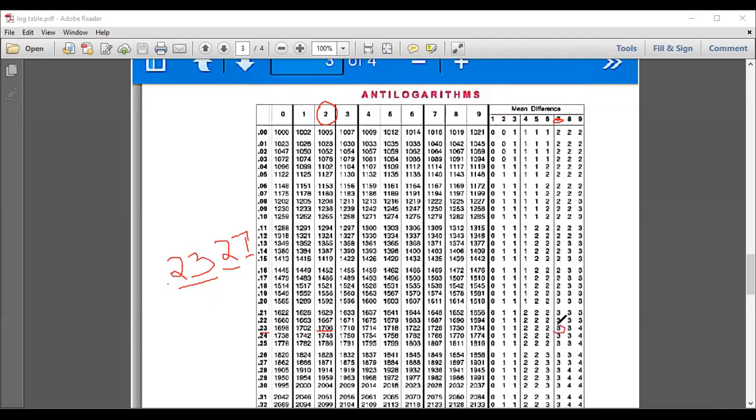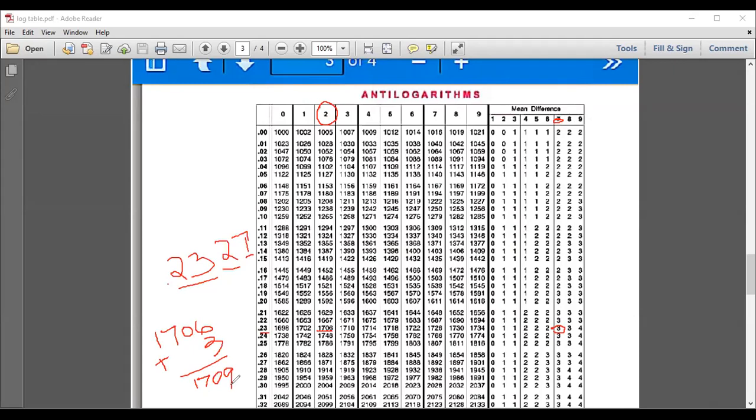Can you all see the number 3 over here in the same line? So 1706 plus the mean difference 3. So you will get the number 1709. Okay, this is the answer you should get.